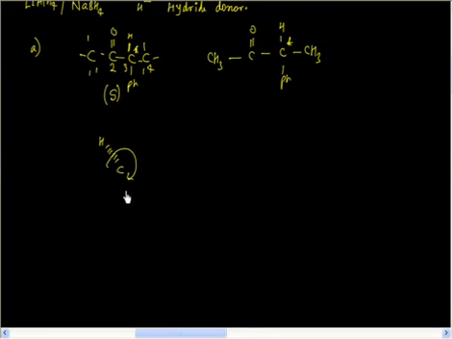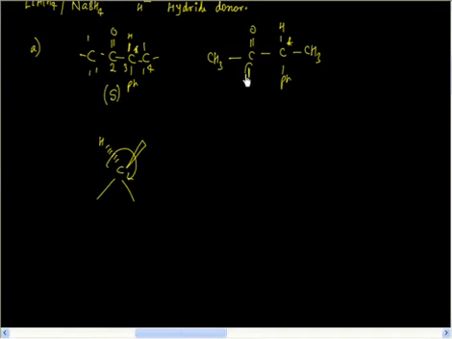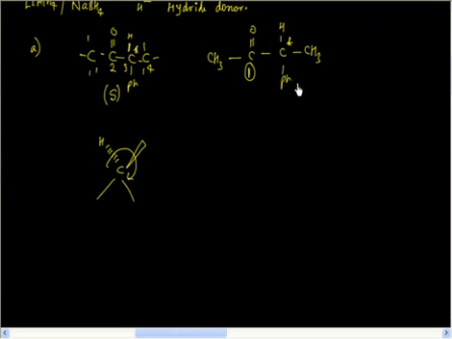This means anti-clockwise. Let us say this is the bond that is going outside. This is the bond that is going in the plane. Now which carbon will have higher priority? This carbon connected with oxygen, priority number 1. This carbon connected with the carbon, but that carbon is also connected with the carbon, so priority number 2, and this is priority number 3.